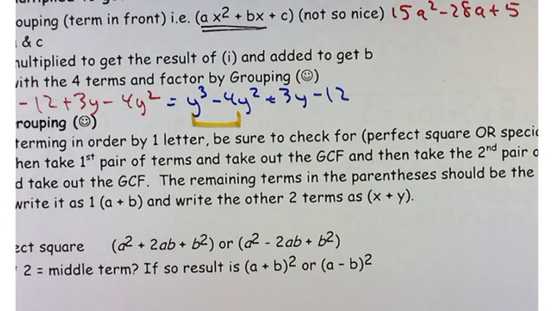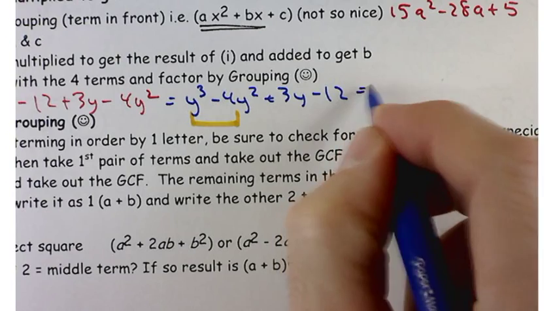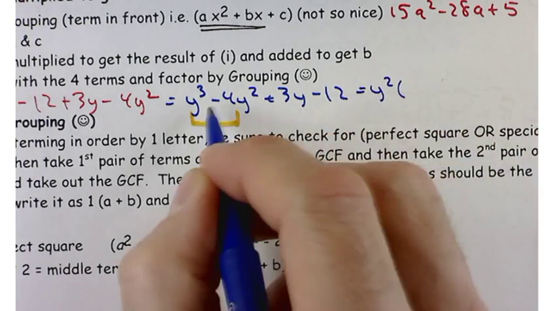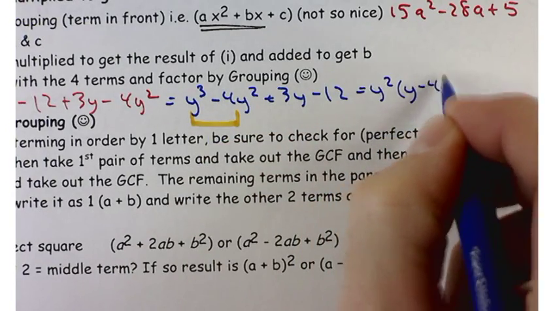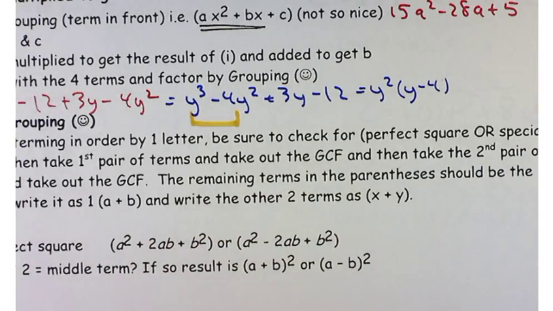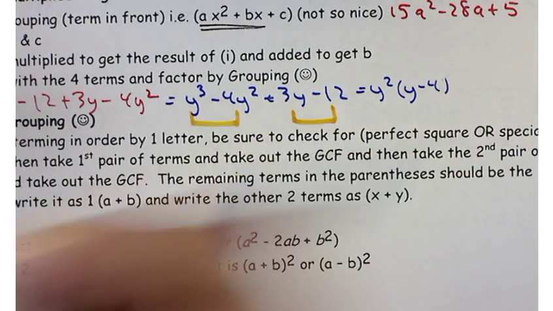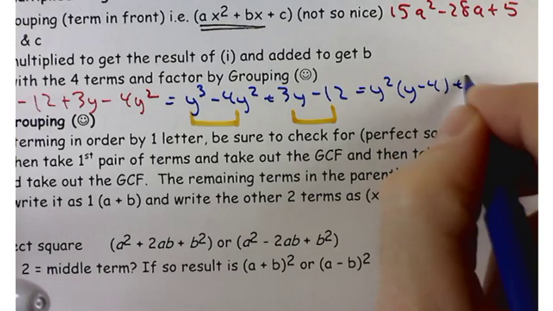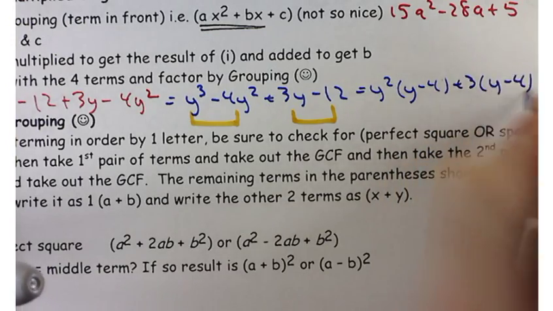Let's take a look at the first pair. Is there something in common to those two that I can factor out? A y squared. So y squared, that's going to leave behind y minus 4. And then from the second pair, 3 times y minus 4.